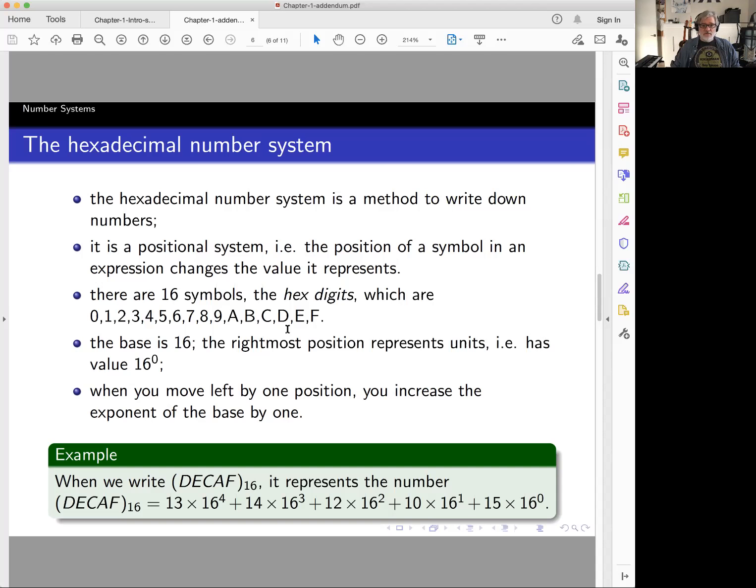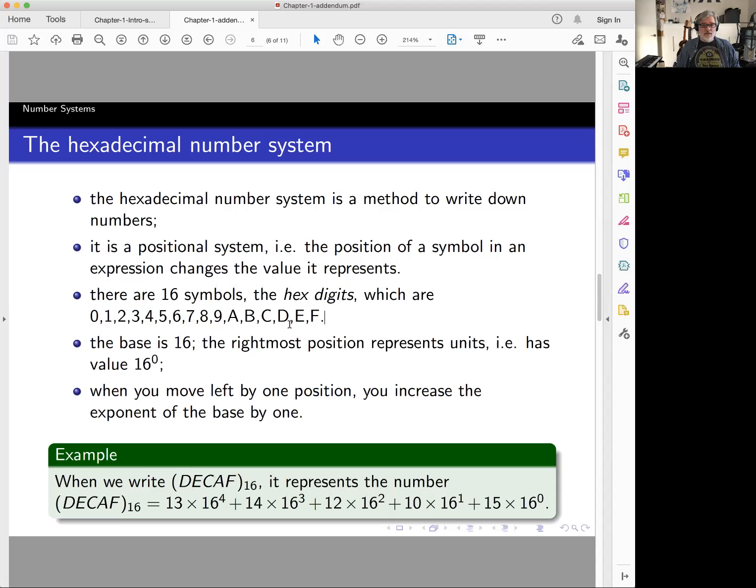So there are 16 symbols, the hex digits, 0, 1, 2, 3, 4, 5, 6, 7, 8, 9, A, B, C, D, E, F, capital letters, which represent the values 10, 11, 12, 13, 14, 15, okay? And the way to write numbers is exactly the same. So here, if I write DECAF in hex, hexadecimal, base 16, what does it represent? 0, 1, 2, 3, 4.